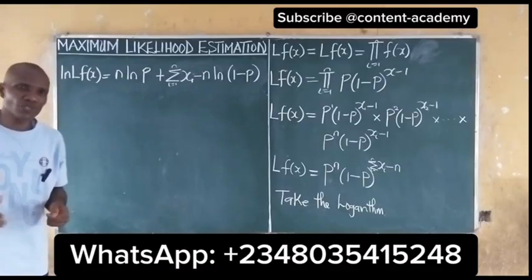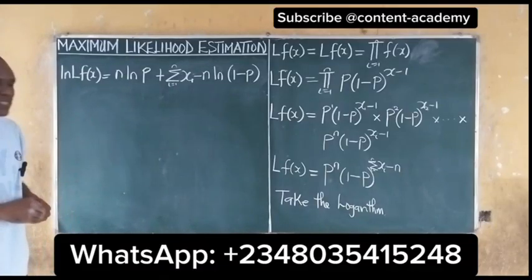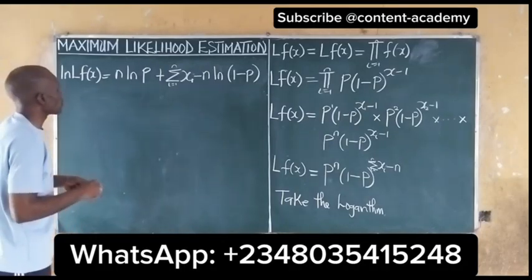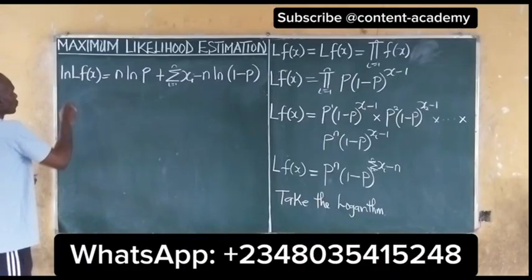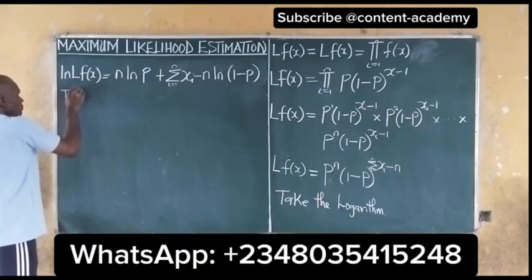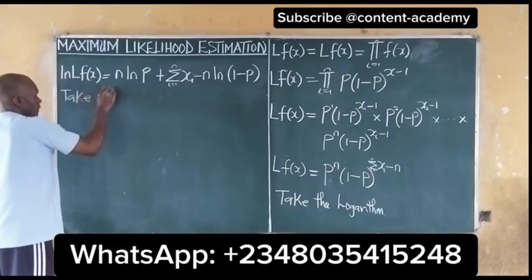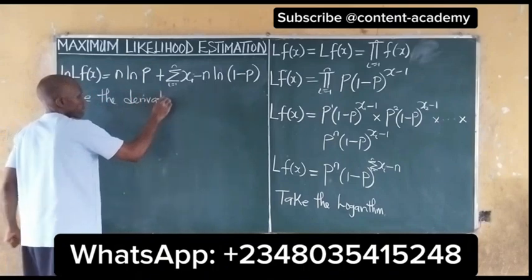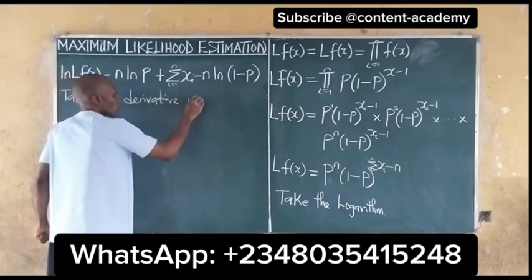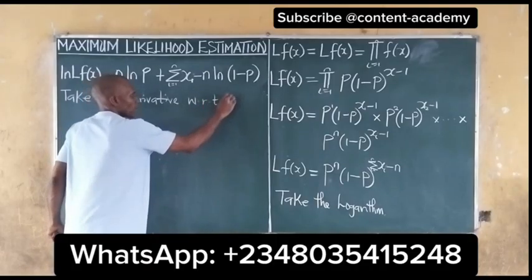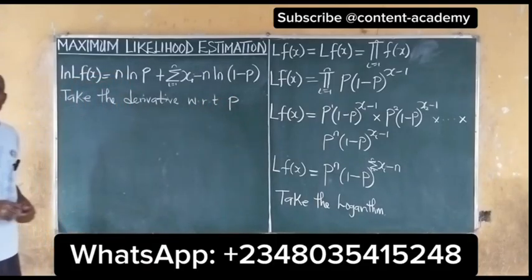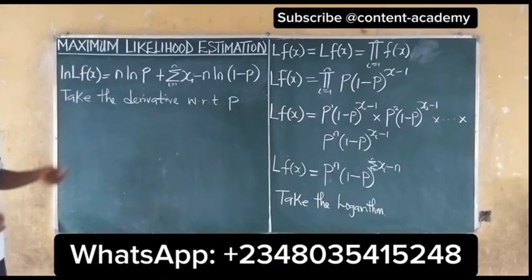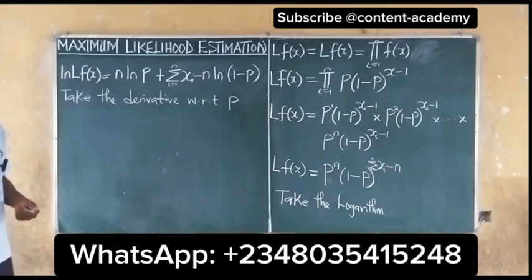The next thing to do is to take the derivative with respect to p. We take it with respect to p because the geometric distribution we are given has the parameter p.